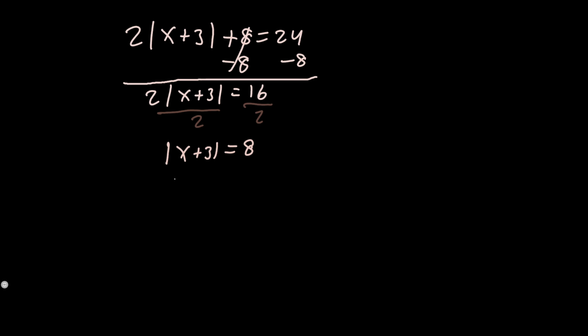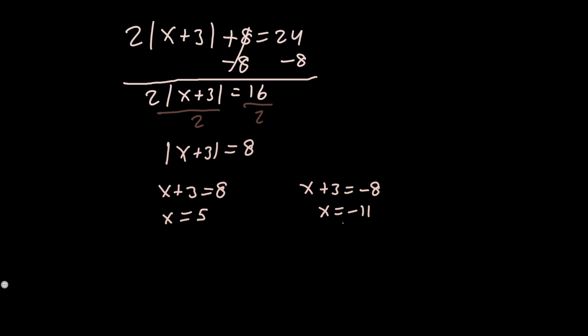So here we have x plus 3 is equal to 8, and x plus 3 is equal to negative 8. Solving for x in the first equation, we have x is equal to 8 minus 3, which is 5. And in the second equation, we end up with negative 8 minus 3, which is negative 11.